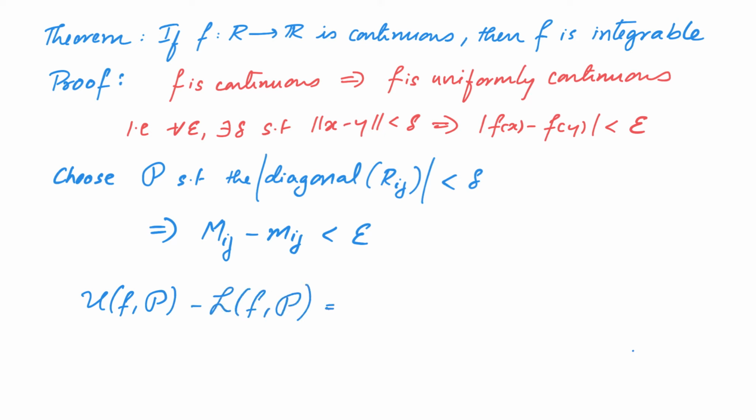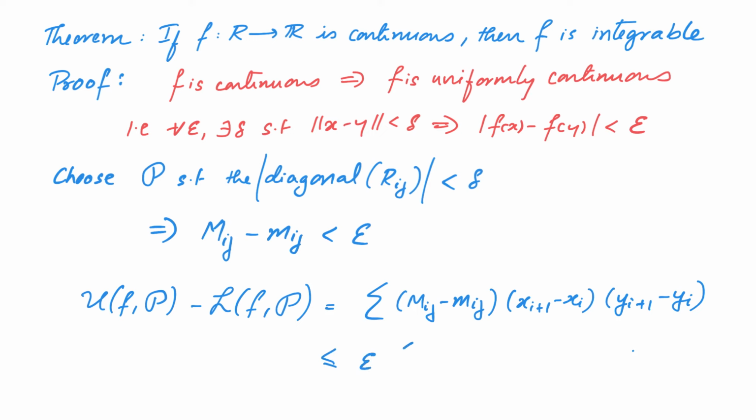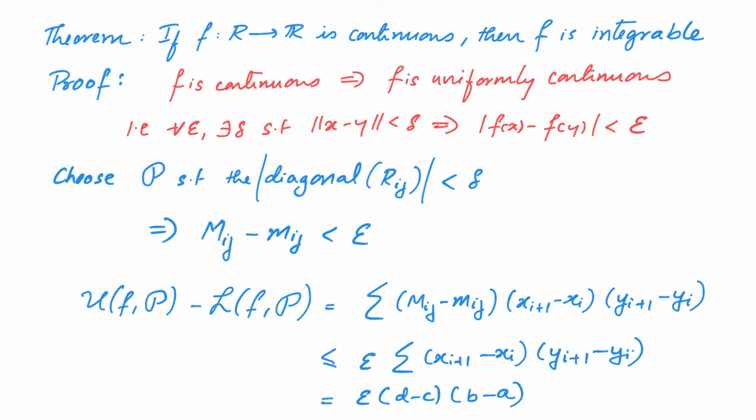Therefore, U(f,P) minus L(f,P), which is equal to the summation of (Mij minus mij) times (x_{i+1} minus x_i) times (y_{i+1} minus y_i), and as Mij minus mij is less than epsilon, this is less than epsilon times the summation of (x_{i+1} minus x_i) times (y_{i+1} minus y_i). But this is equal to epsilon times (d minus c) times (b minus a). And therefore, we know that we can make U(f,P) minus L(f,P) as small as we want. That is, f is an integrable function.